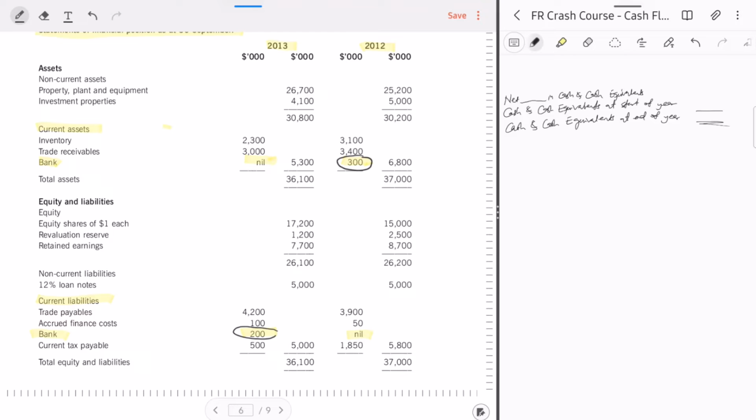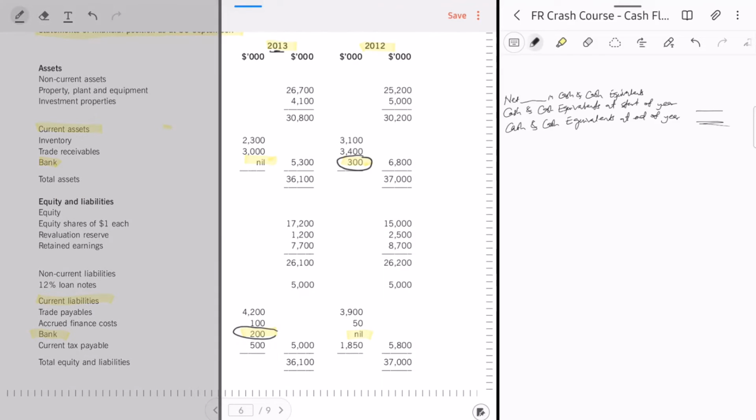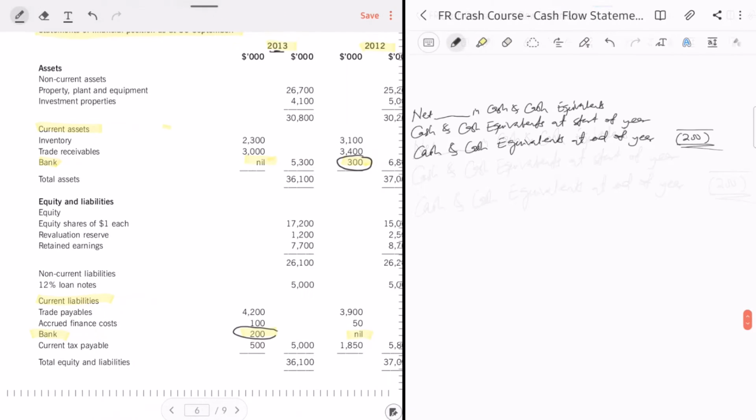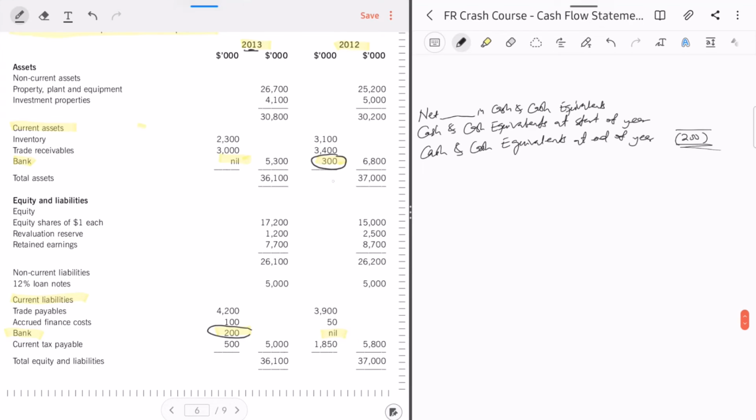So, do you agree with me that at the end of the year, which is 2013, cash and cash equivalent was negative $200,000? So what I'll do is put here, end of year, negative $200,000. That's all. What is the start of the year figure? Remember, I told you. Do you remember? The figure here was 300, right?